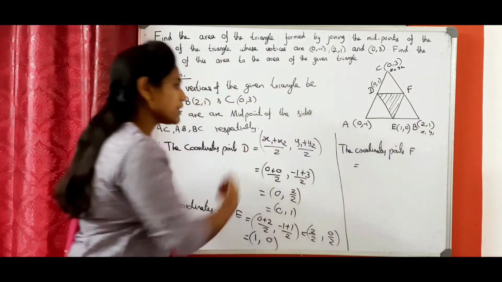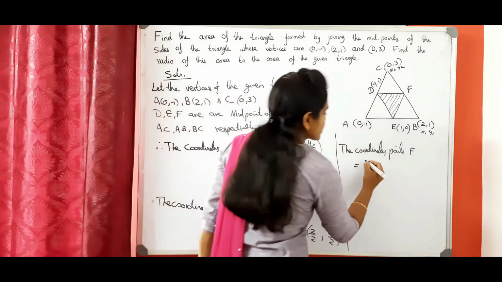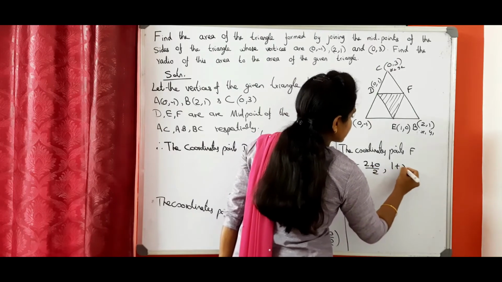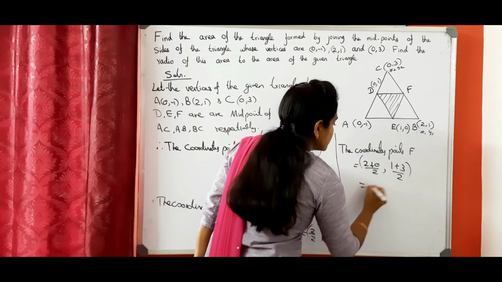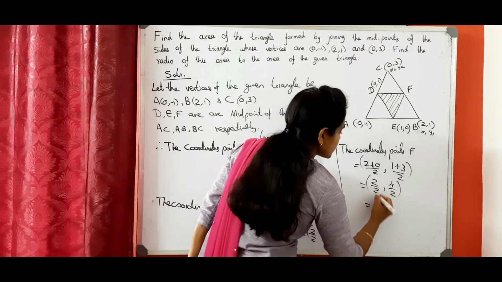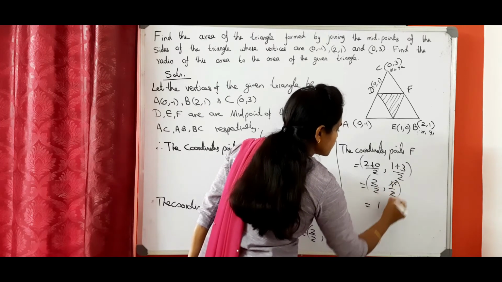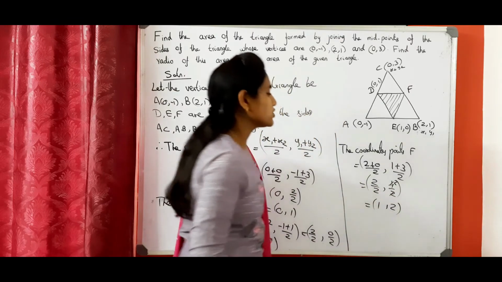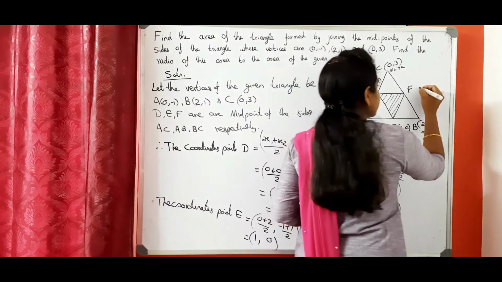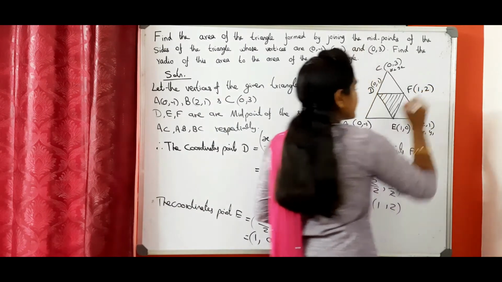Apply the values in the midpoint formula: (2 plus 0) divided by 2 and (1 plus 3) divided by 2, which is 2 divided by 2 and 4 divided by 2, that is 1 and 2. So the coordinate point of F is (1, 2).